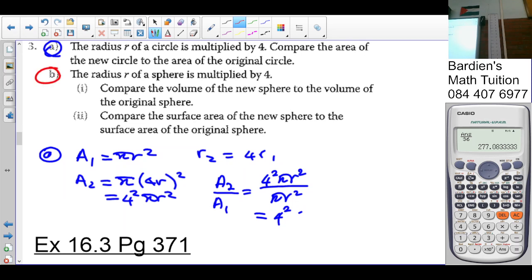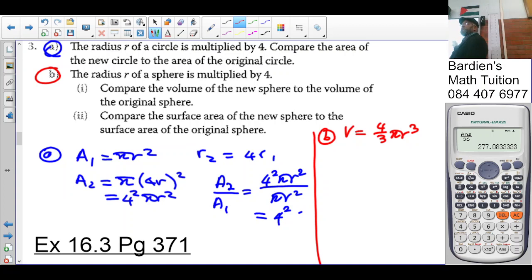B says the radius of the sphere is multiplied by 4. How do you calculate the volume of a sphere? Volume is equal to 4 over 3 pi r cubed. Not so? So the radius of a sphere is multiplied by 4. Compare the volume of the new sphere to the volume of the original sphere. So that is the volume of the original sphere. The second radius will be 4 times the original radius. So what do we say?